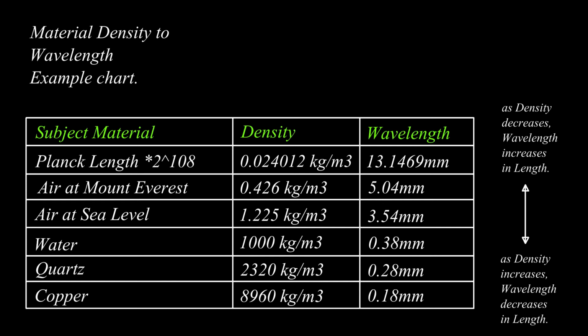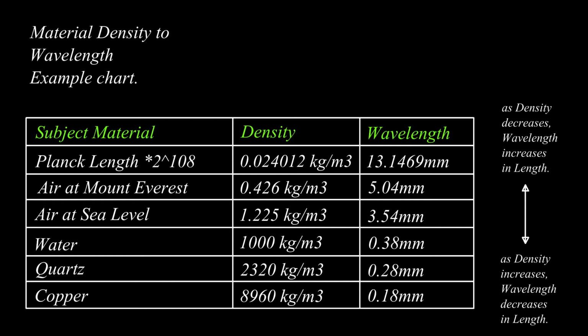So this is a chart for visual curiosity for people to understand what wavelengths correspond to what materials found in nature. So looking at the example we used before, the Planck length times 2 to the power of 108 has a density of 0.024012 kilograms per cubic meter.